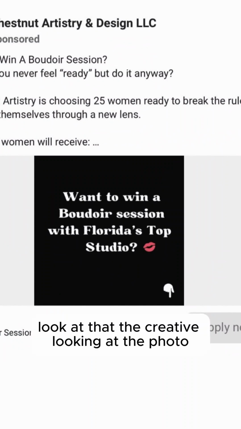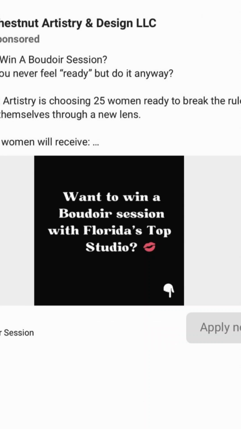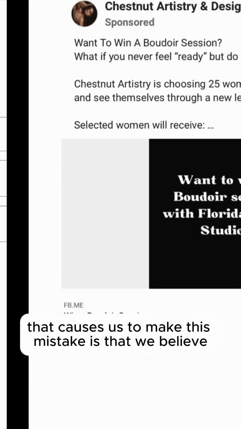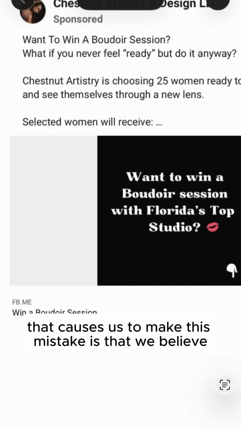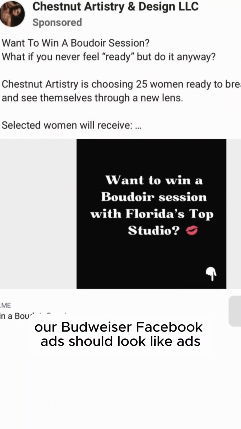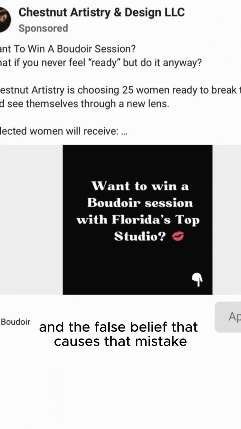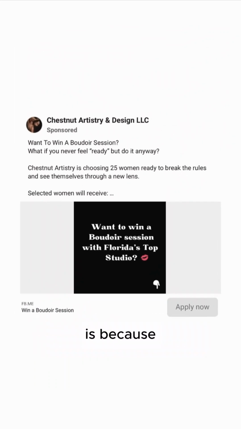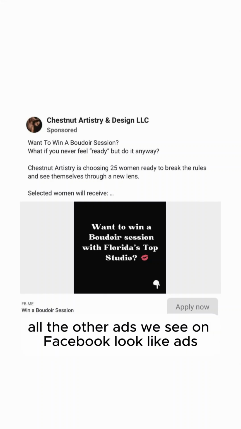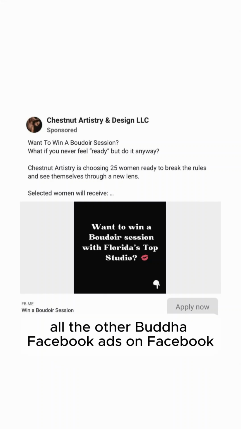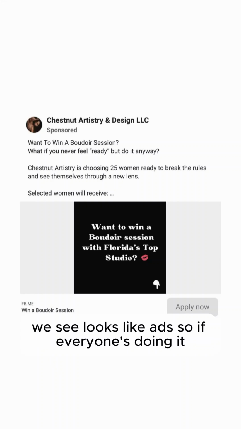Next, looking at the creative, looking at the photo, we've got the looks-like-an-ad mistake. The false belief that causes us to make this mistake is that we believe our Boudoir Facebook ads should look like ads. And that belief comes from the fact that basically all the other ads we see on Facebook look like ads. All the other Boudoir Facebook ads we see look like ads.